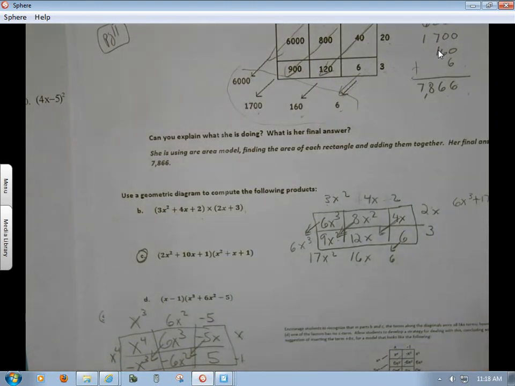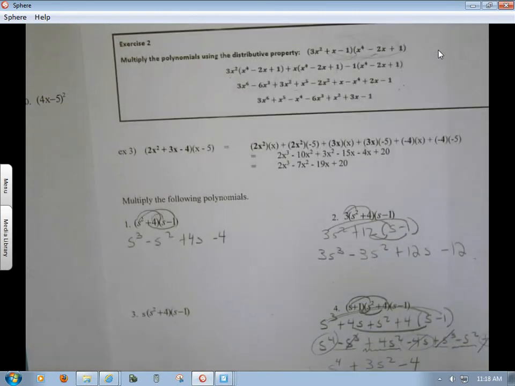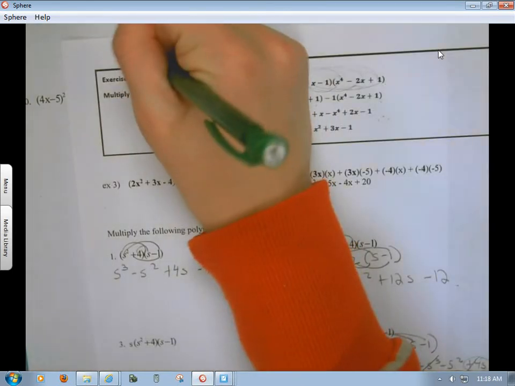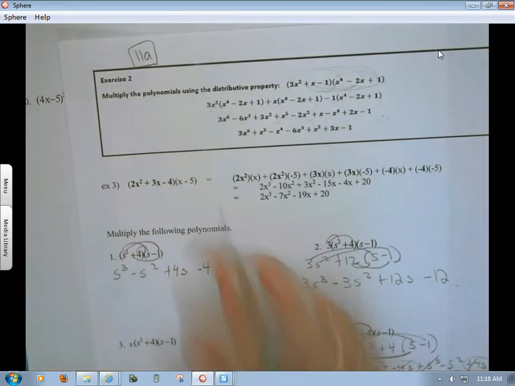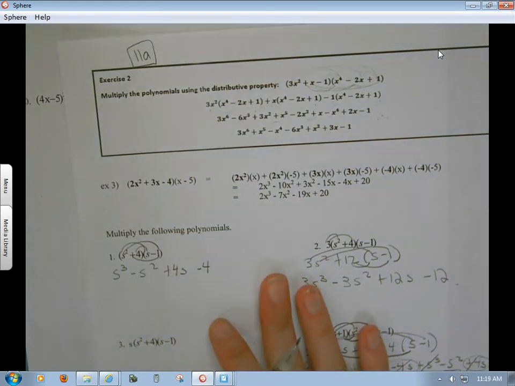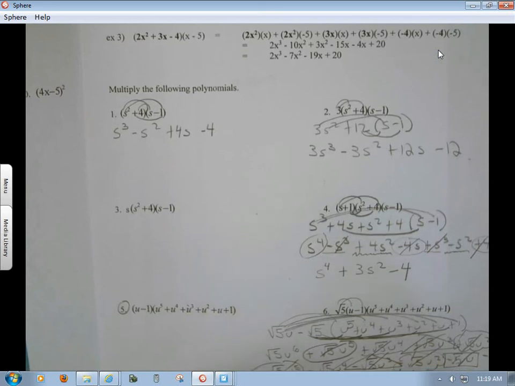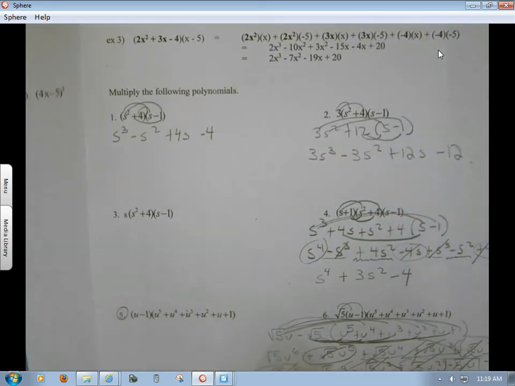So this was 11, and this page is 11A. So if you kept your packet separate, this one is in the other packet. Okay, so page 11, letter C with the geometric representation, and then page 11A, you're going to try 5 and 7. All right, we'll see you guys in class.